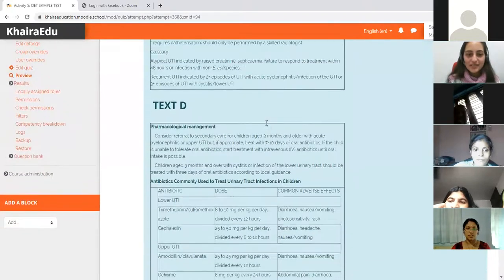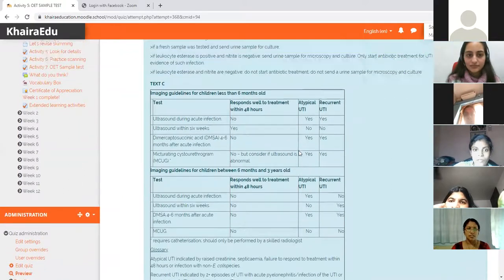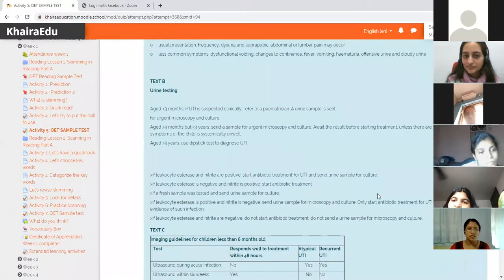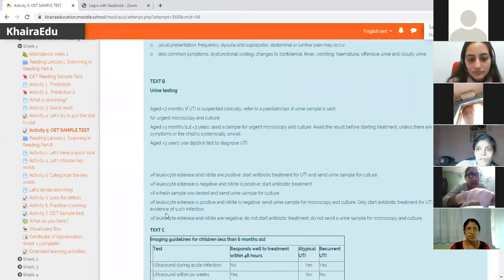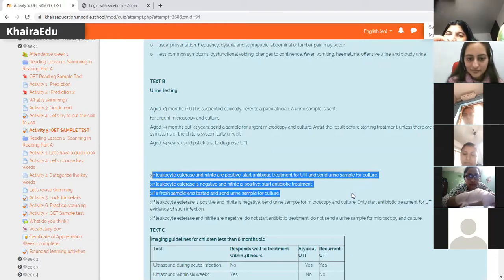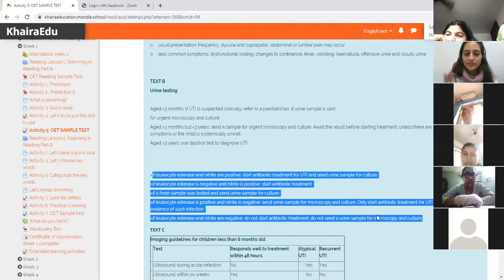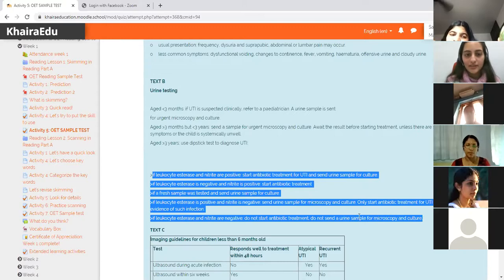So in B, where did you find the information about it? In the last part, there is leukocyte, negative, do not treat. In these bullet points. Yes, correct. Do you all agree? Yes, ma'am. Okay, perfect.